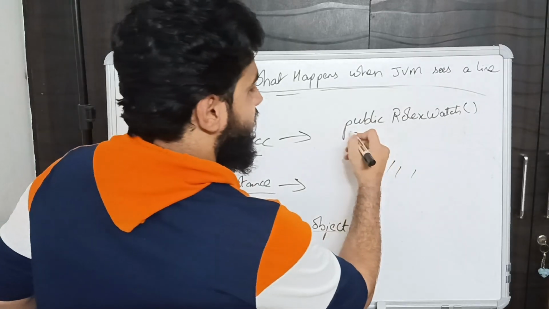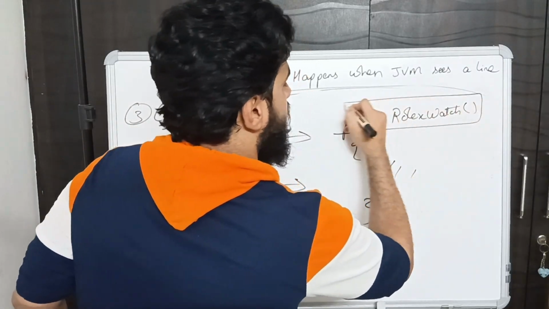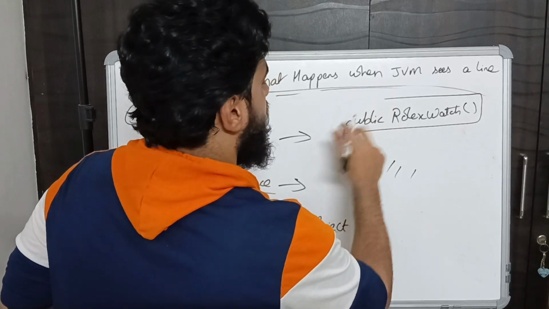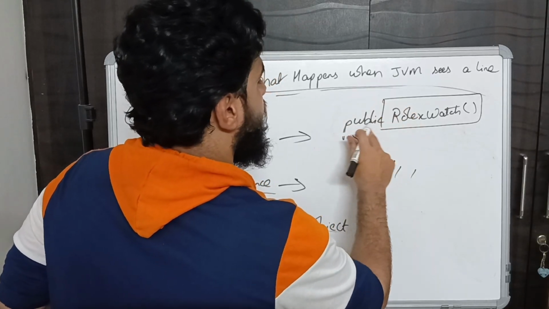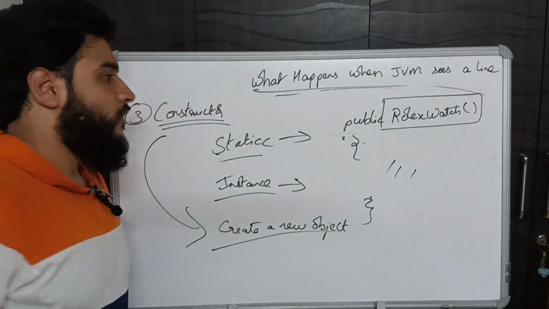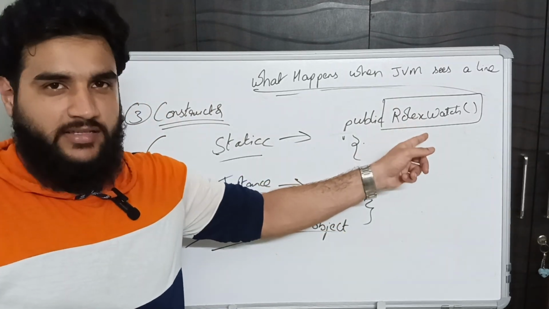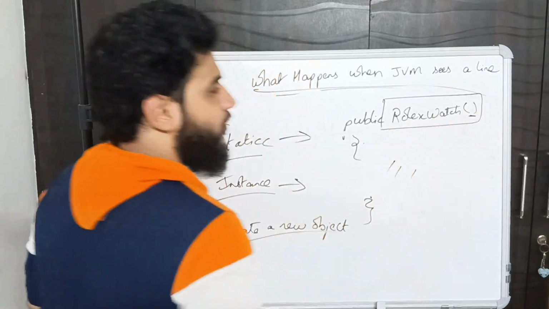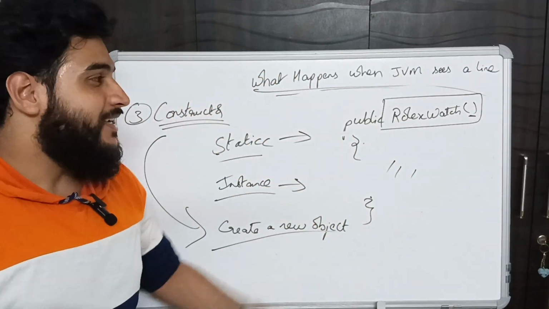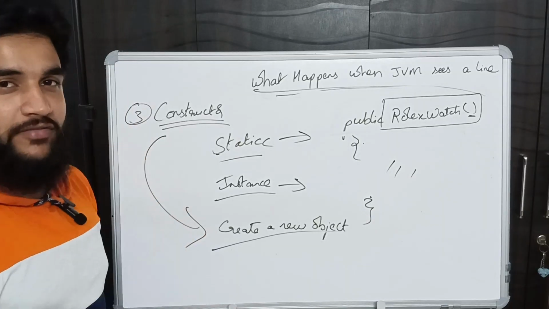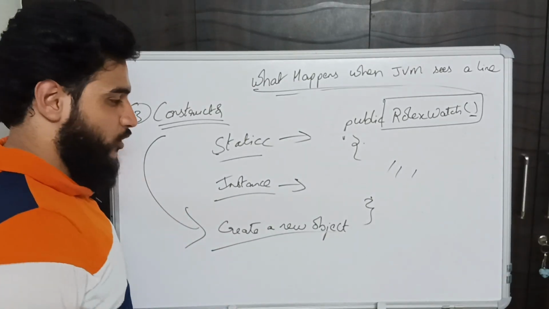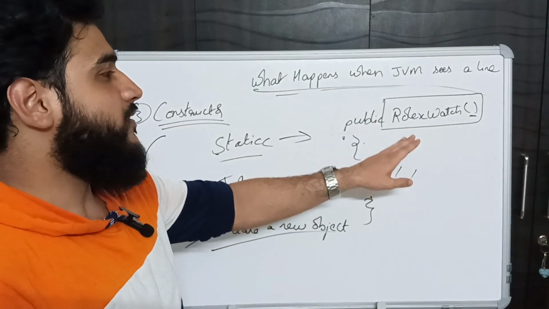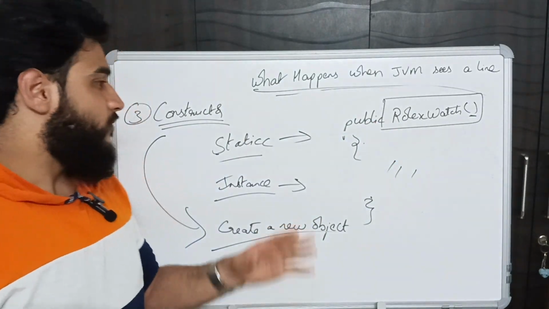Now just focus on this particular part. This is the class name, but just notice these small brackets that are open and closed. This is exactly what we invoked when we created an object using the new keyword. So, what is actually this constructor?